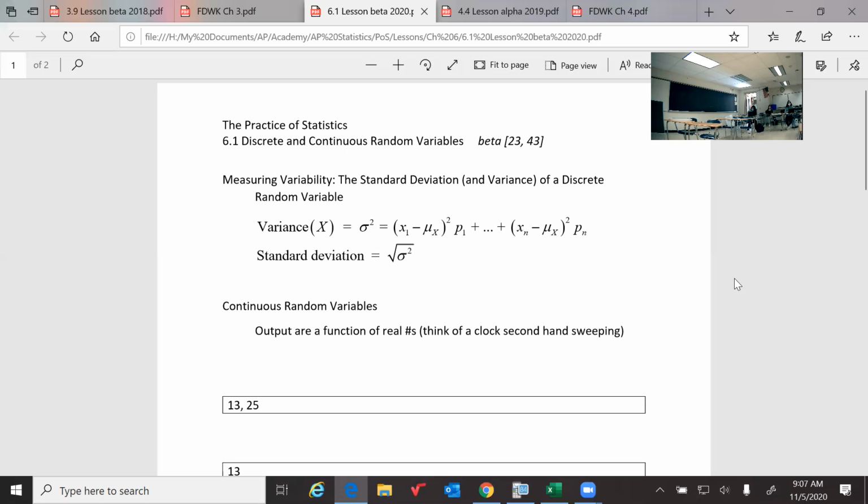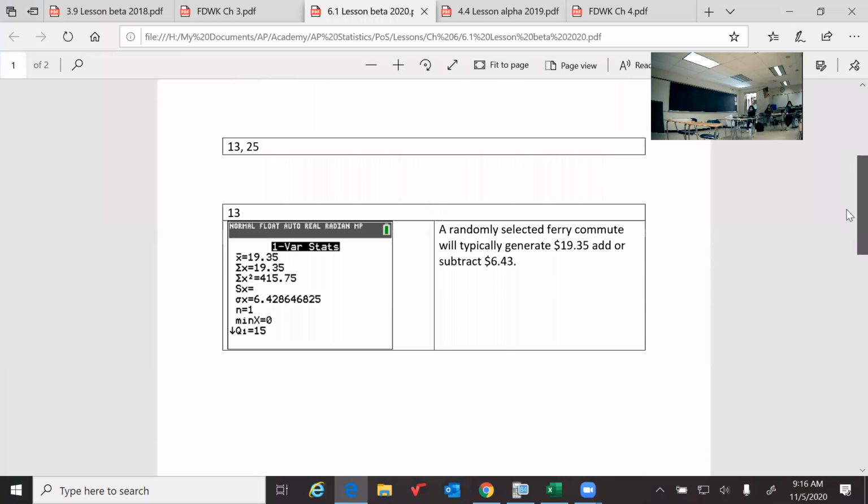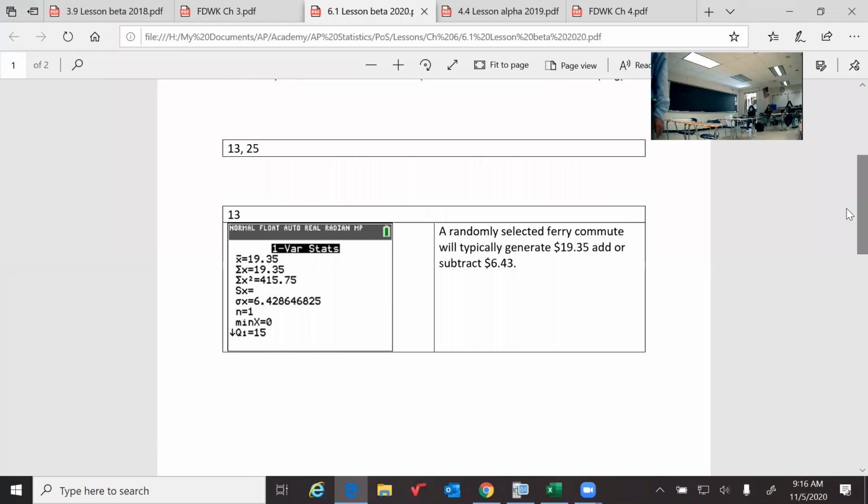So they're all over. So we're going to pause this, and you're going to go to two problems, 13 and 25. We're at 13. Ready?